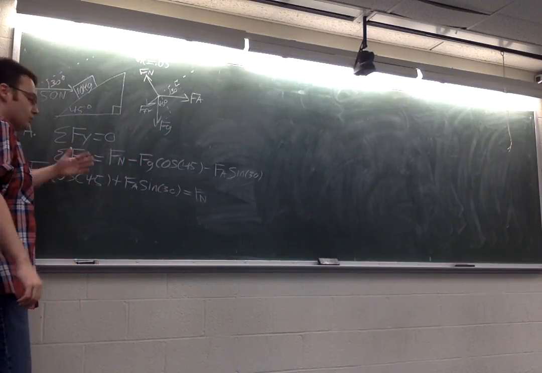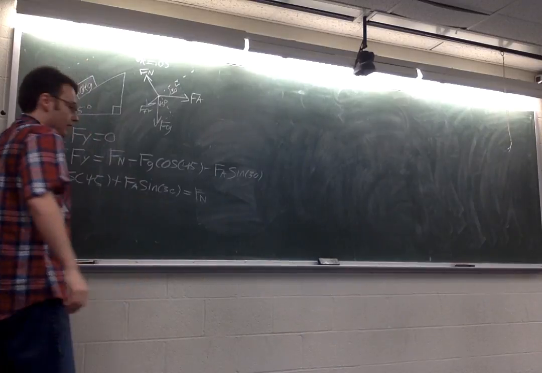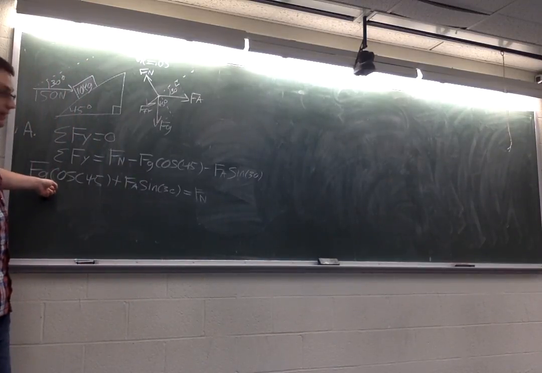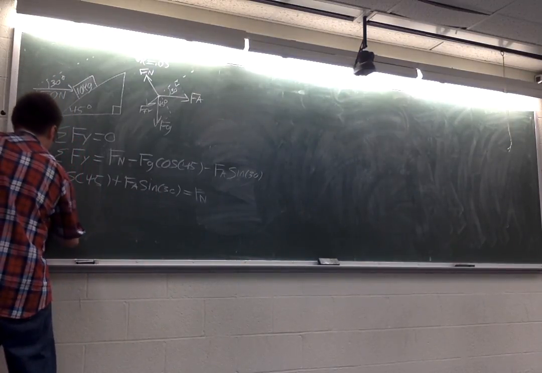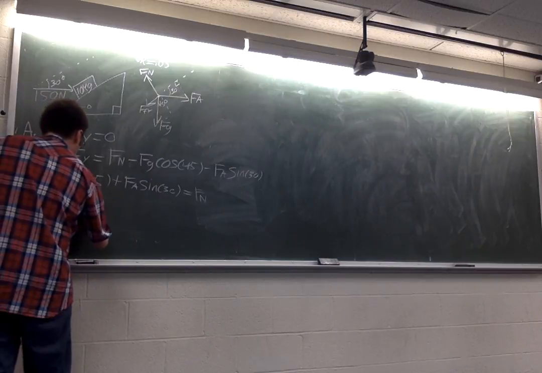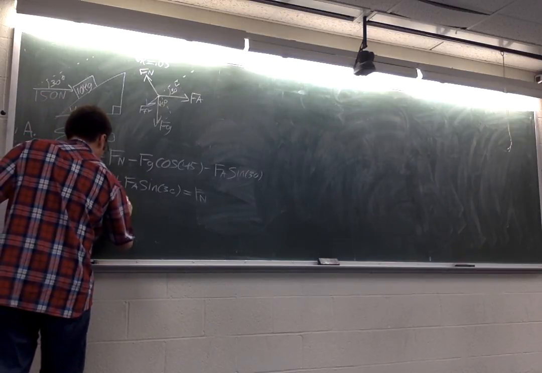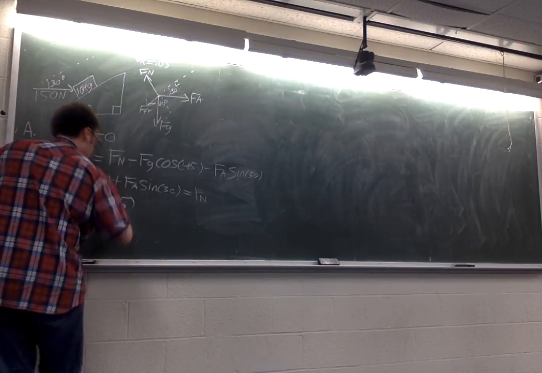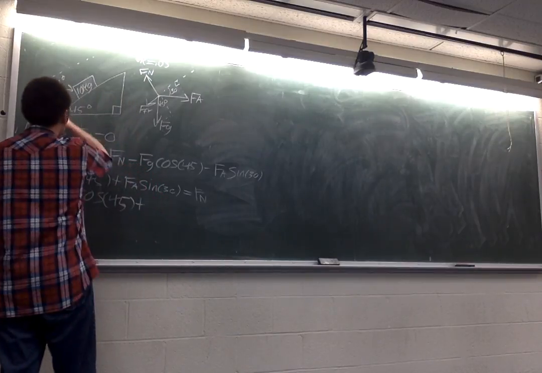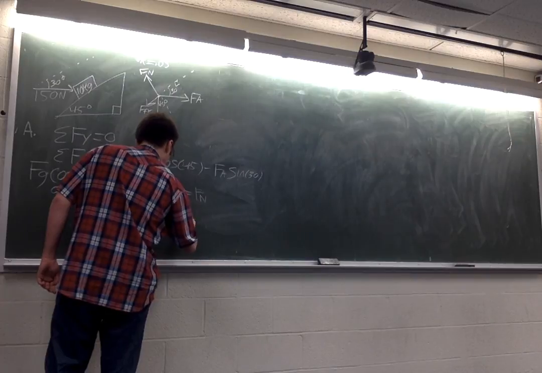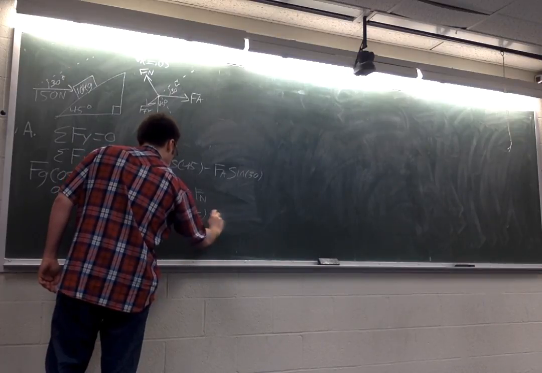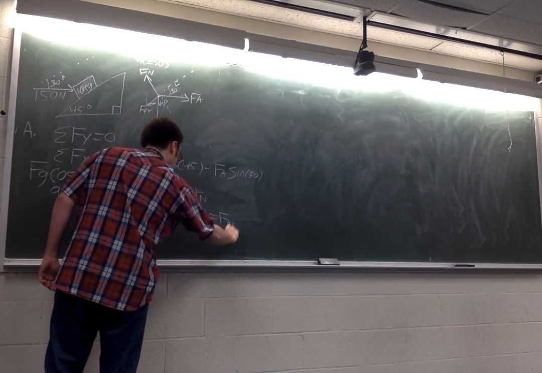Plug in our numbers. We can solve for the normal force. We have Fg, we know that's mass times gravity. Mass is 10, gravity is 9.8. 10 times 9.8 is 98. So we have 98 cosine 45 plus our applied force, which is 150 sine 30, is equal to the normal force.